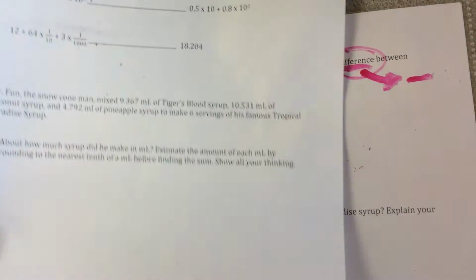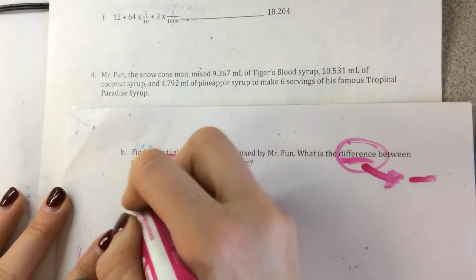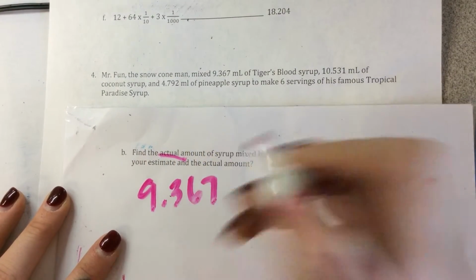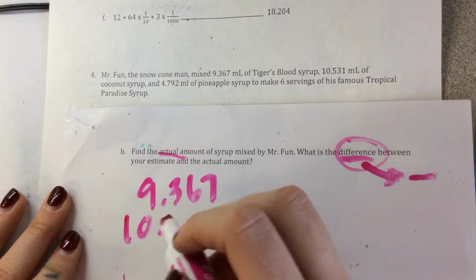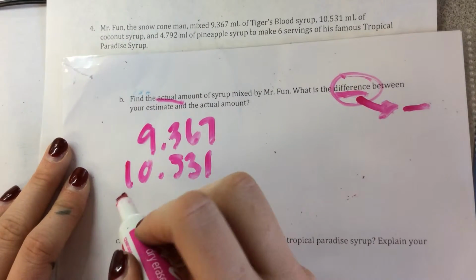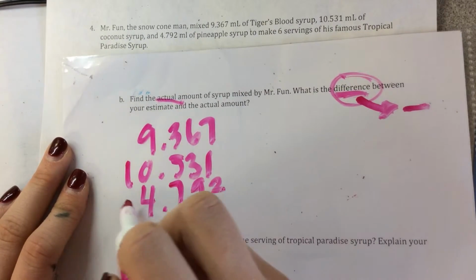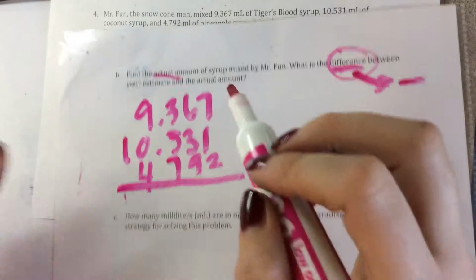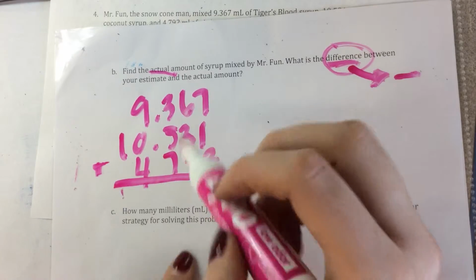Okay, so let's find the actual amounts, which means we need to look back at the actual numbers: 9 and 367 thousandths milliliters, 10 and 531 thousandths milliliters, and 4 and 792 thousandths milliliters. Okay, let's add. 7 plus 1 is 8, plus 2 is 10.